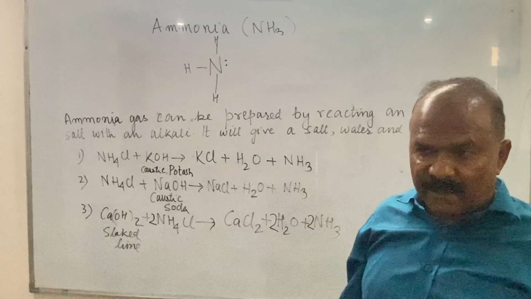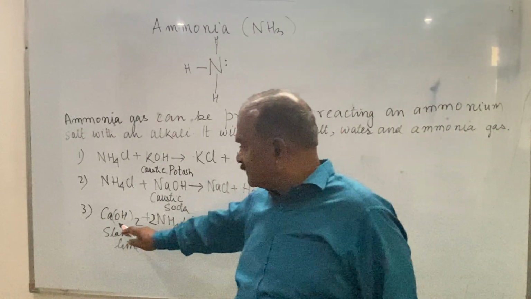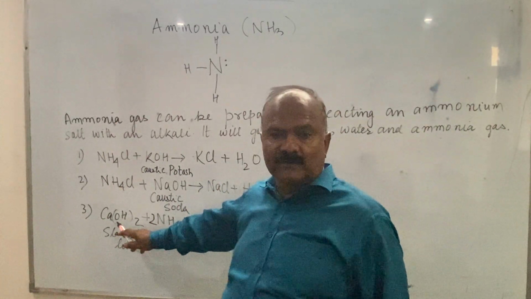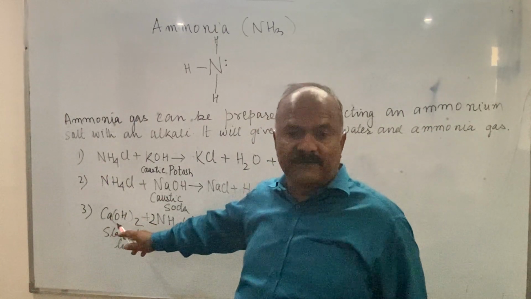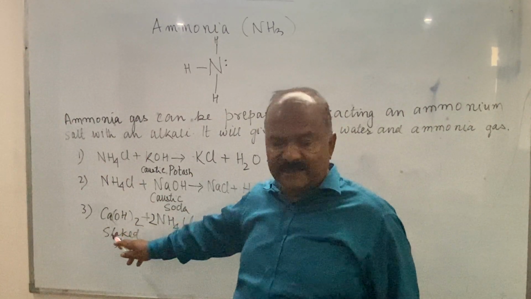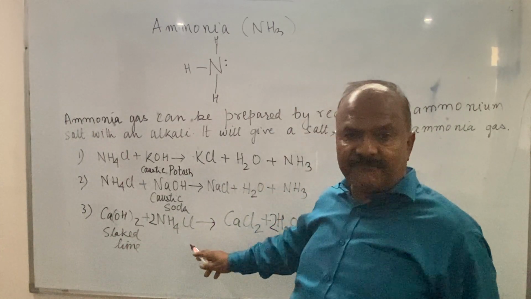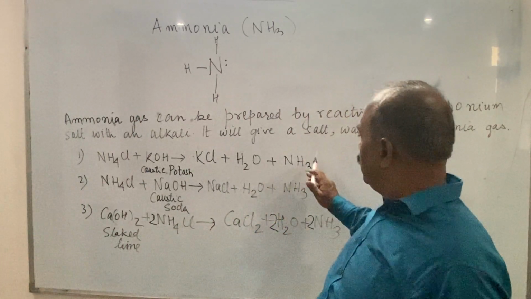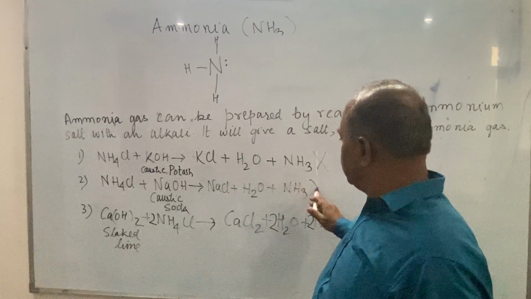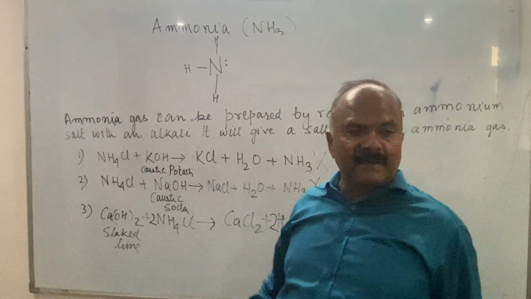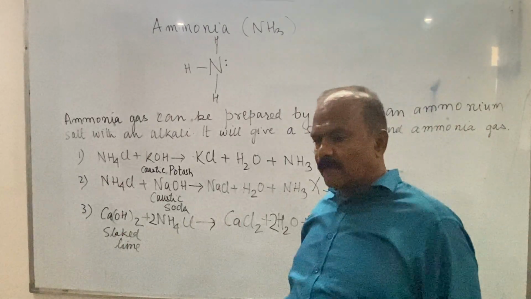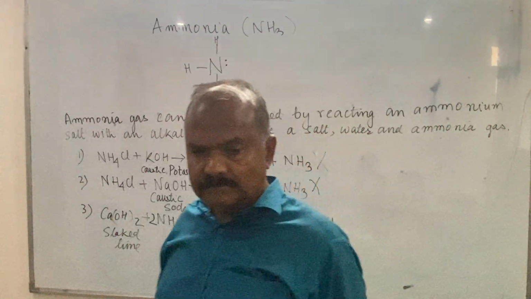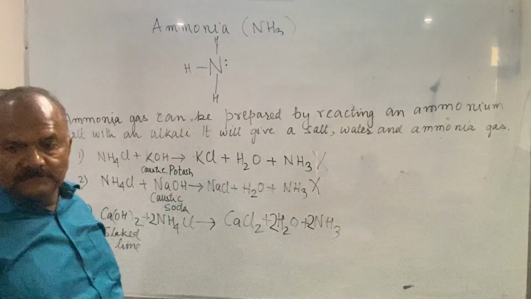You won't get ammonia. But calcium hydroxide, which is also called slaked lime, is not at all deliquescent, so we can use this for the preparation of ammonia gas. The first two are not advised, but you have to write them. Got it? Note it down.